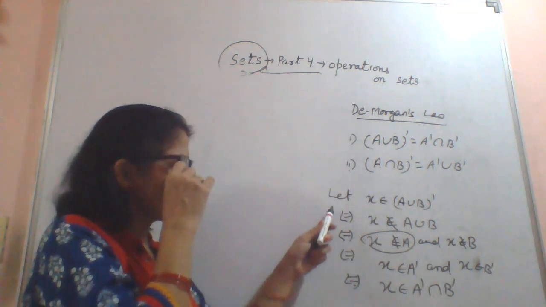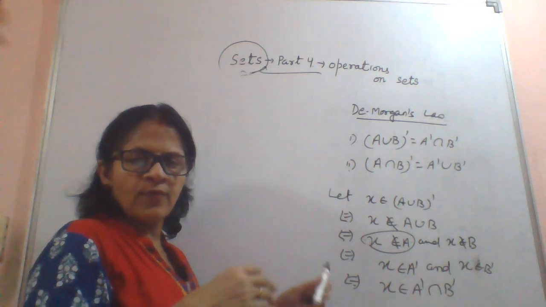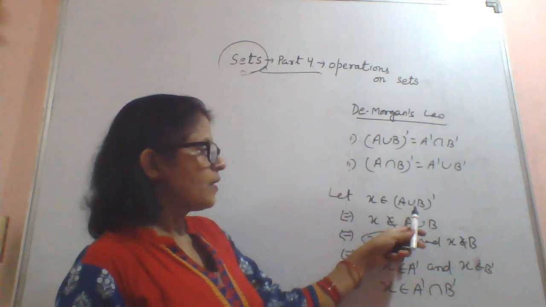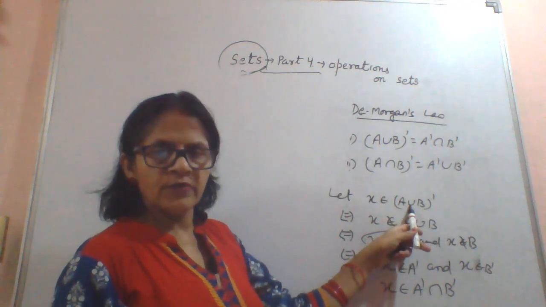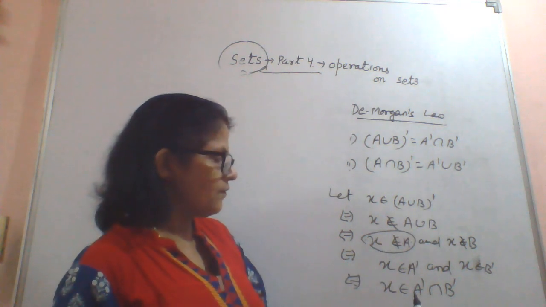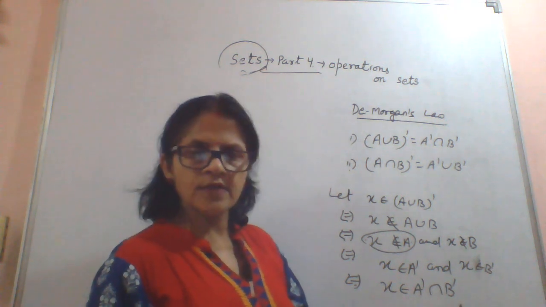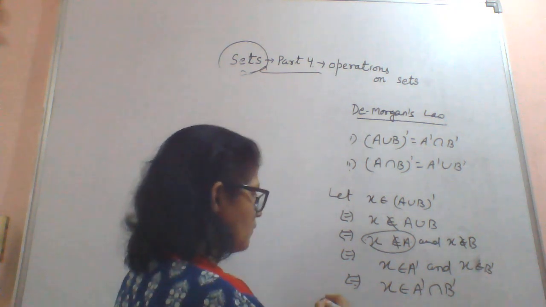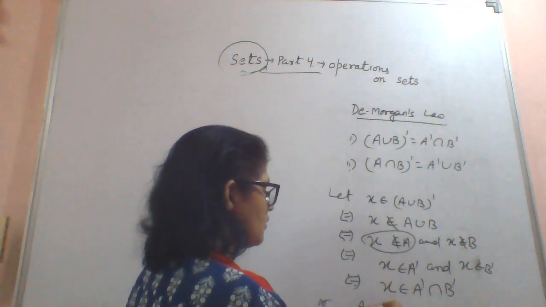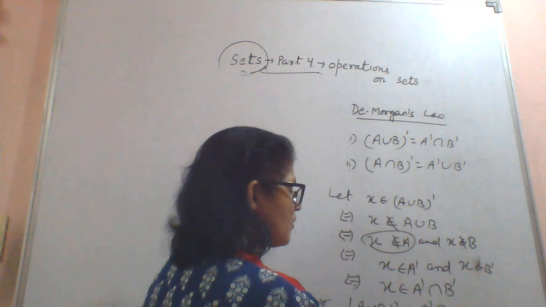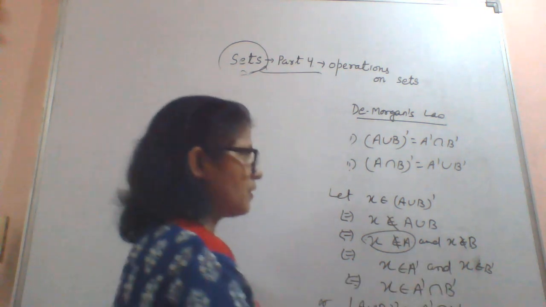So I have taken a biconditional statement, and one side you can prove like this. X belongs to complement of A union B if and only if X belongs to A complement intersection B complement. Or you can write complement of A union B is equal to A complement intersection B complement.